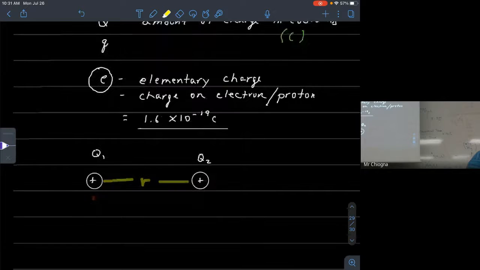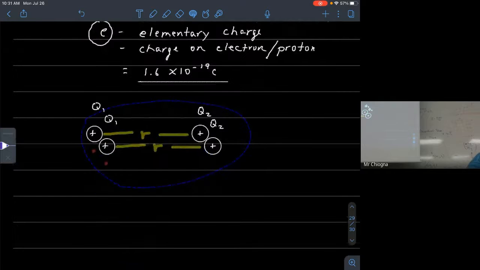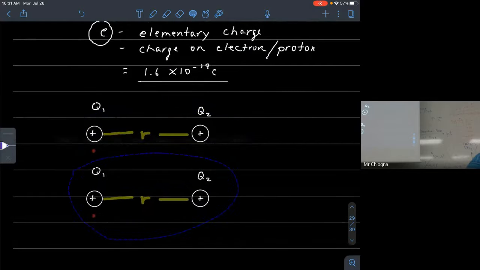As you go from this to this, let's say I increase the distance.